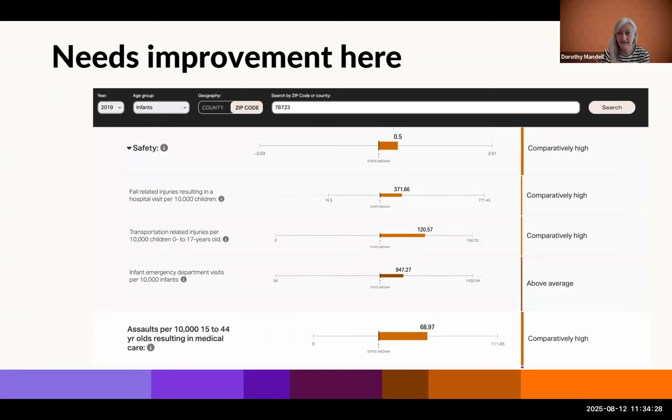So this is our next level of risk, and this is community level safety. Many of our community level safety metrics are focused on falls. Falls, in case you guys don't know, is the leading cause of emergency department visits for children under the age of 3. So fall related injury tells a lot about the safety within that community.